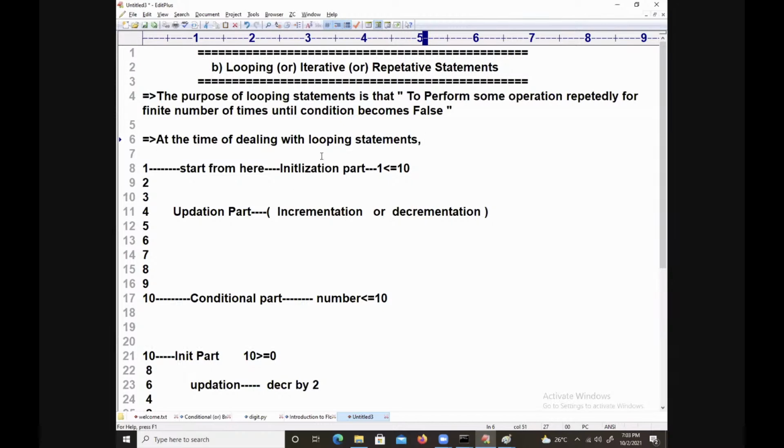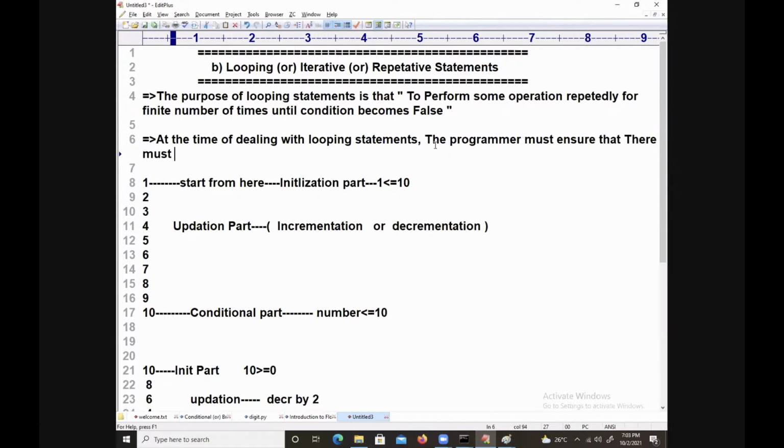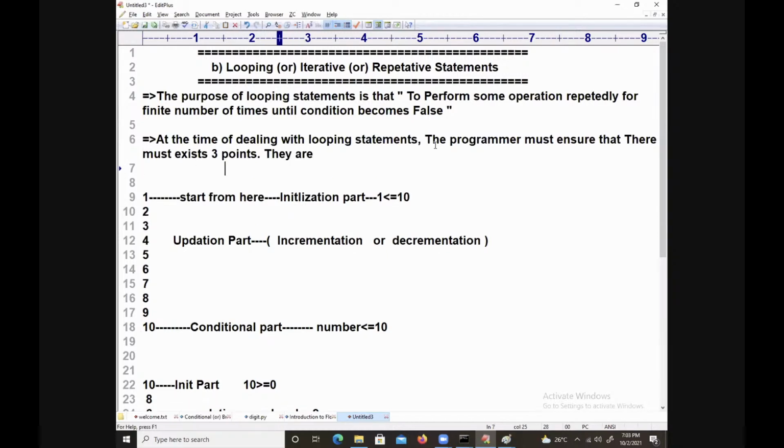The programmer must ensure that there must exist 3 points. What are they? A, the initialization part.